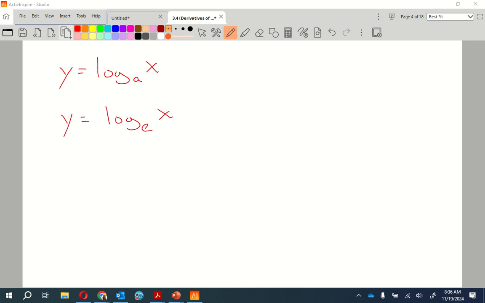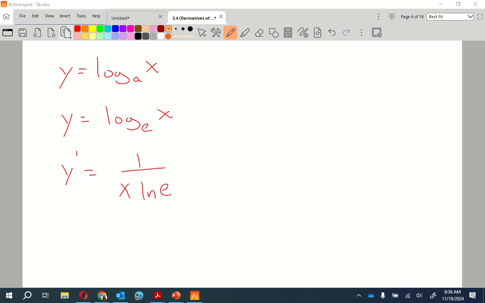So using that information, the derivative, y prime, is equal to 1 over x ln of a, but what's the a in this case? And what happens if you get ln of e? I get 1.